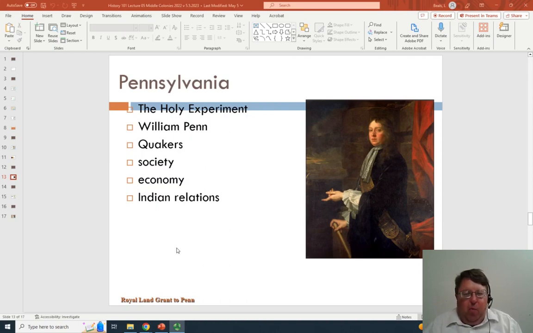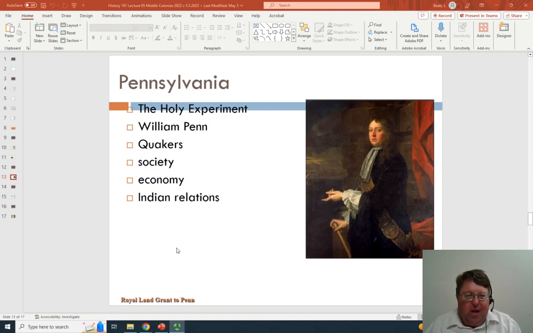So enter a guy named William Penn. William Penn is a Catholic convert to Quakerism. His family's Catholic. His dad served in the British Army. He will convert to Quakerism, and he will seek a colony for his fellow Society of Friends.